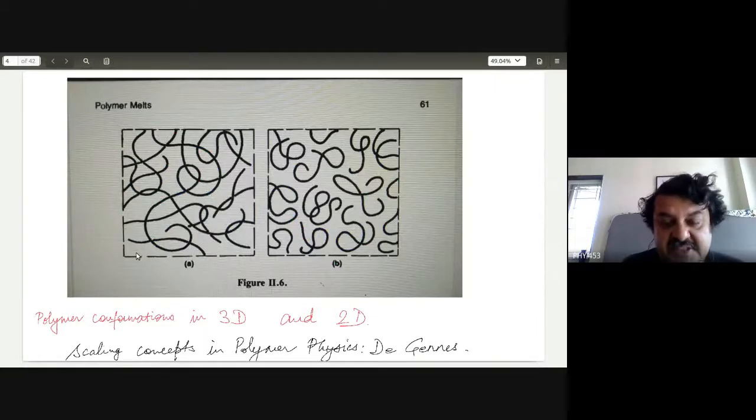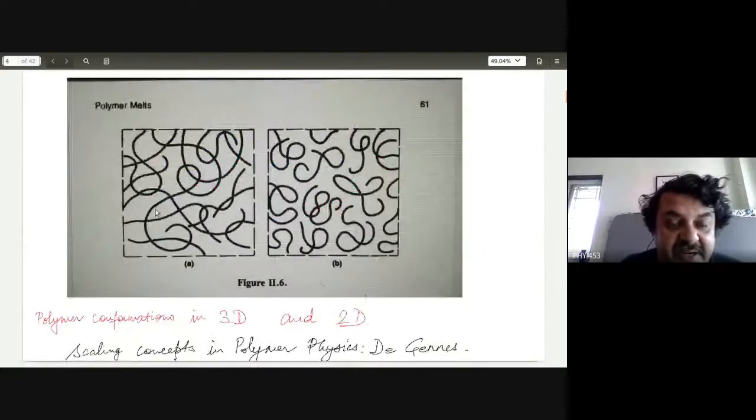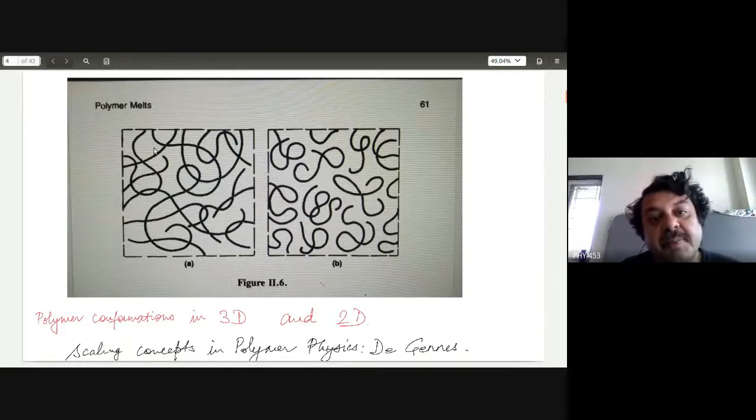Some of the questions that you can ask are: the polymer chains are of course densely interacting and touching each other, but are they in this form, where they are entangled, and the space of each chain is occupied by monomers of other chains as well?